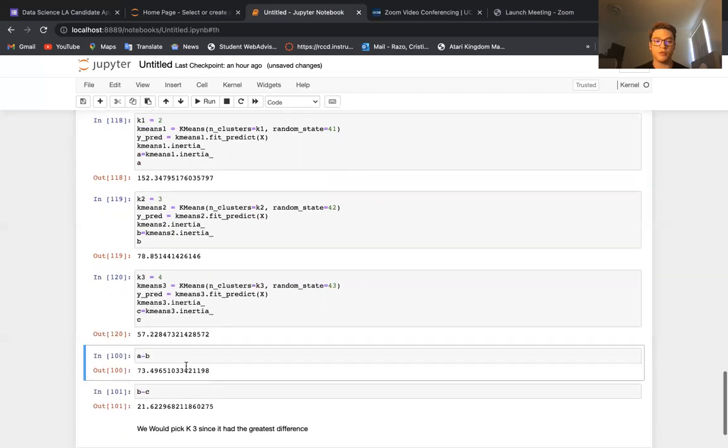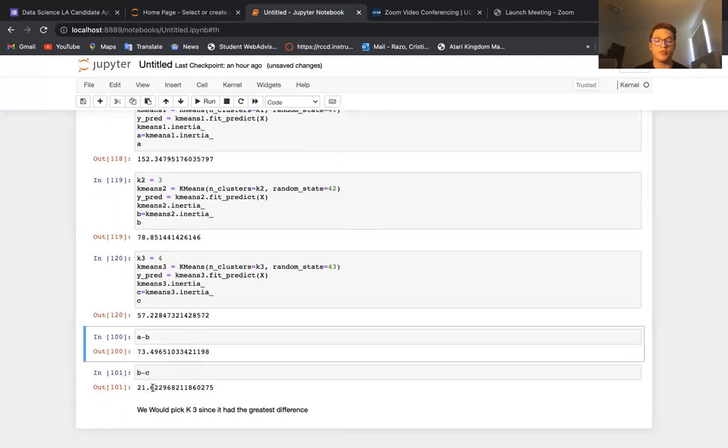We have an inertia difference of 73, which is a lot. But once we go from 3 to 4, we have a difference of 21, which isn't so much. So we would rather be at the centroid count where there's a great difference, and that gives us the best k-means for the type of data analysis that we have. So we will pick k3 since it has the greatest difference.